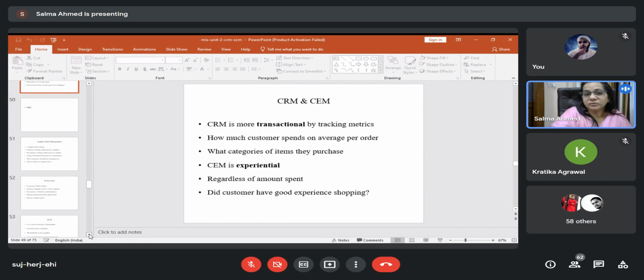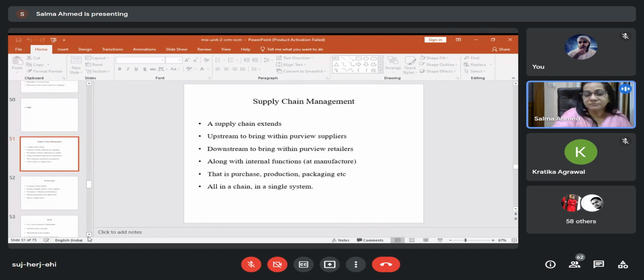Now we move on. We have discussed what CRM is, the benefits, the phases of CRM, the types of CRM, which are operational, analytic, and collaborative, and also what CEM is, an extension of CRM, which is customer experience management. I have taken the class from Asif because I would like to extend further.